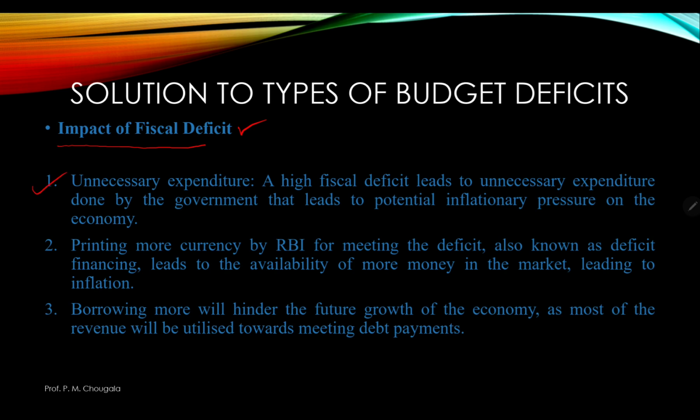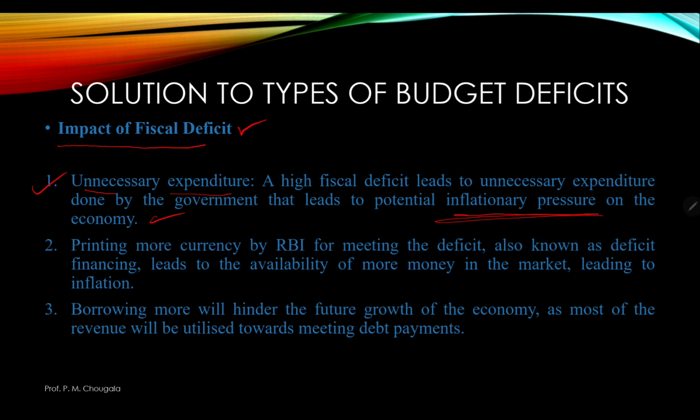The first thing is unnecessary expenditure arises. It means a high fiscal deficit leads to unnecessary expenditure by the government, which leads to potential inflationary pressure on the economy. It is a very important thing. Got it?